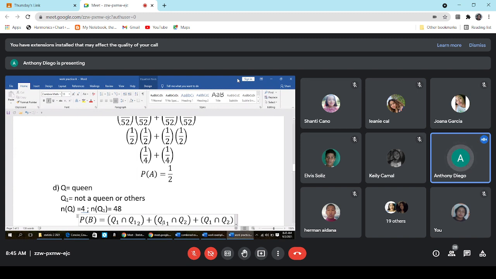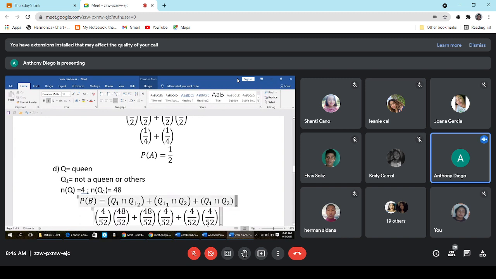Here, the first pick is not a queen, and the second pick is a queen. And here, the first and second pick are queens. Those are independent events. So we're going to have 4 out of 52 times 48 out of 52. Then 48 out of 52 times 4 over 52 for this one. And then 4 over 52 times 4 over 52.